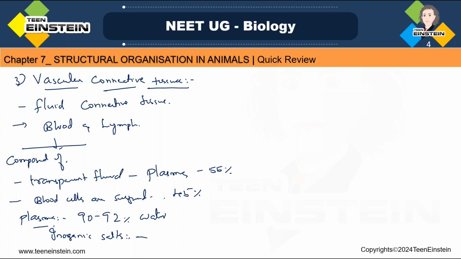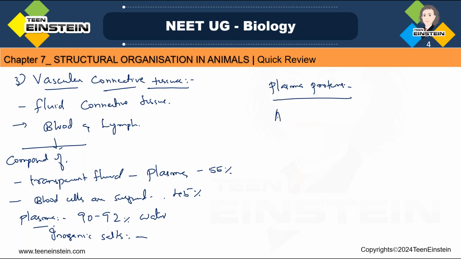Then plasma proteins. The plasma proteins which are present are albumin, globulin, fibrinogen, and prothrombin.